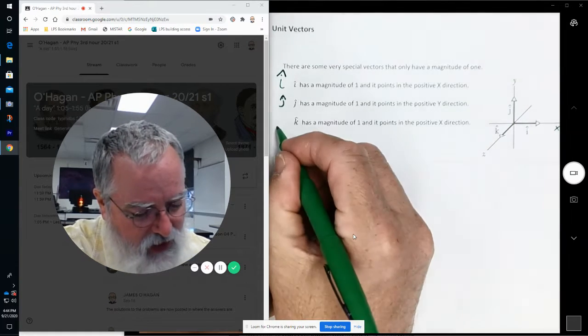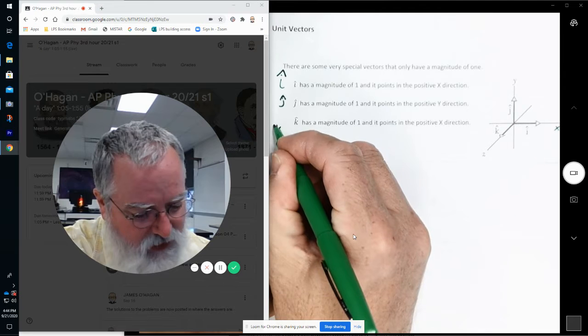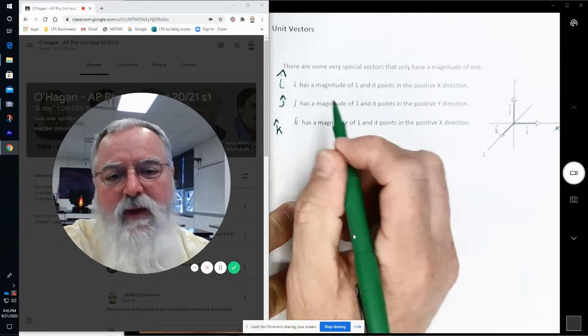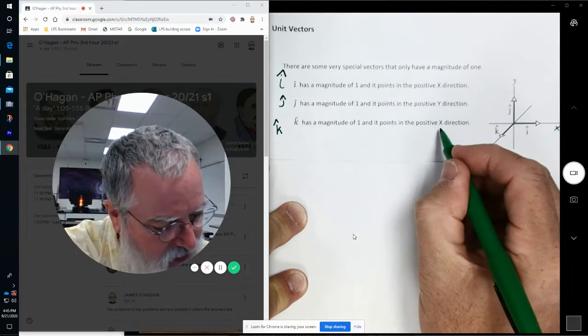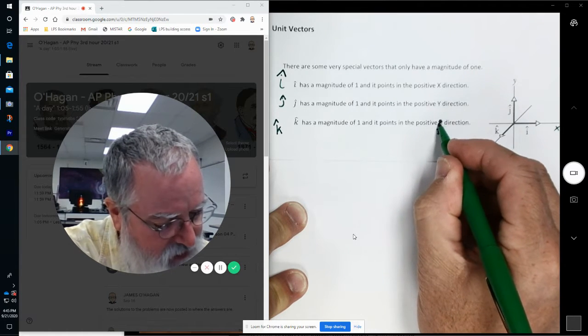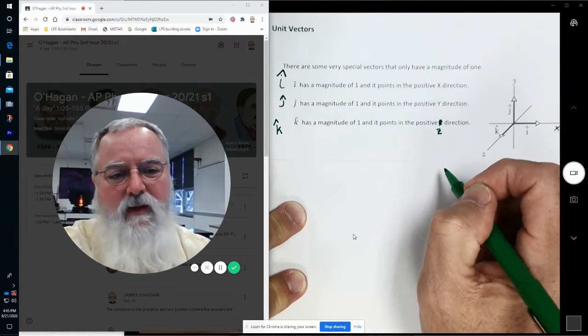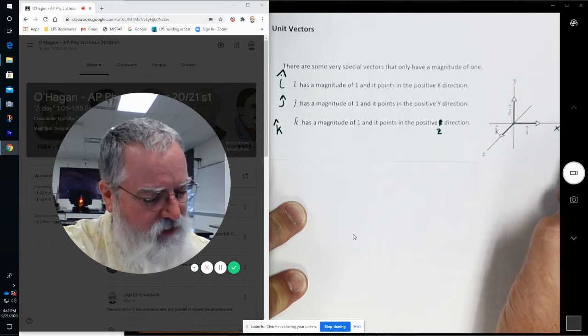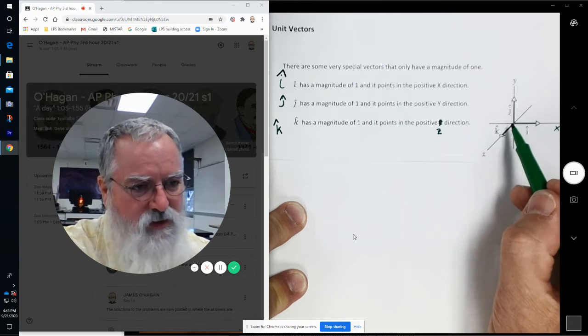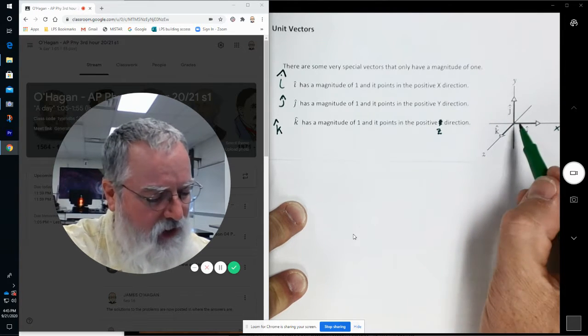And then the K unit vector, here we go, it's a K, again with a little party hat. It has a magnitude of 1 and it points in the positive z direction. And so in my axes here, x is to the right, y is up, and z comes straight out of the board, out of this sheet of paper.